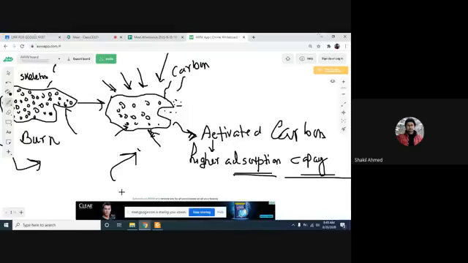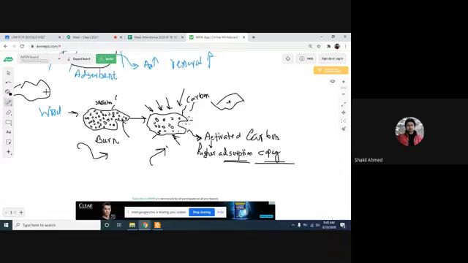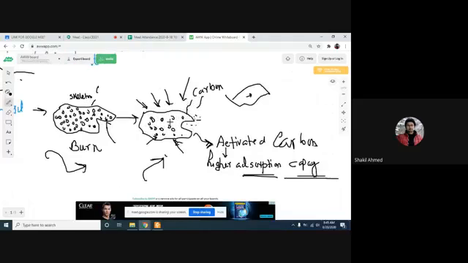Why large surface area? Because now it has many pores, right? So unlike the solid one before burning, since now it has many pores, that means yes, surface area has increased drastically.